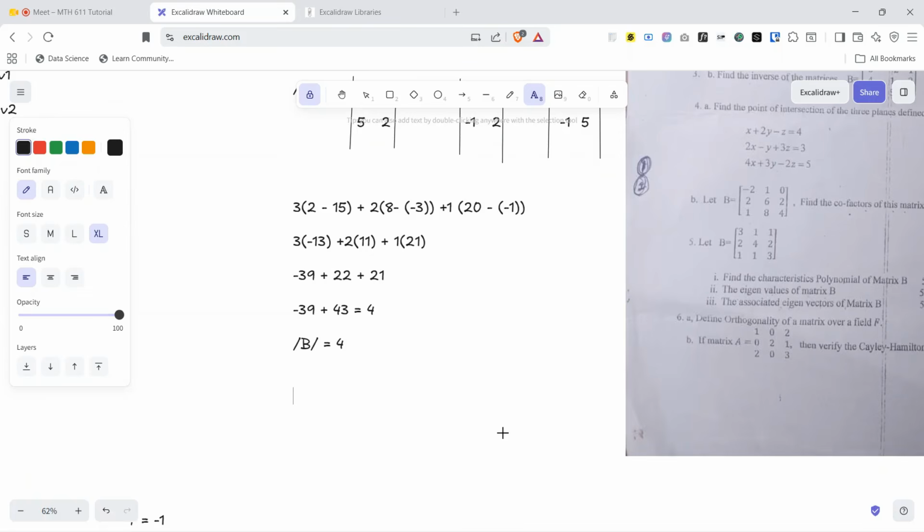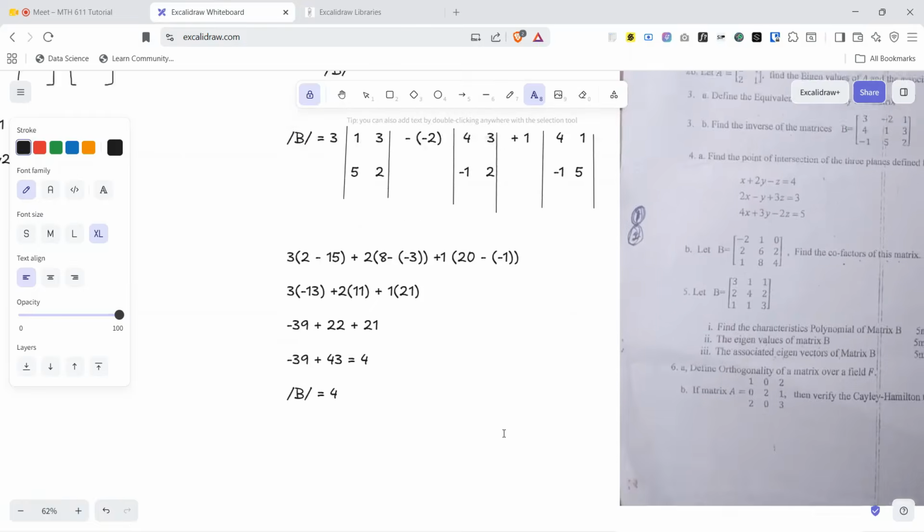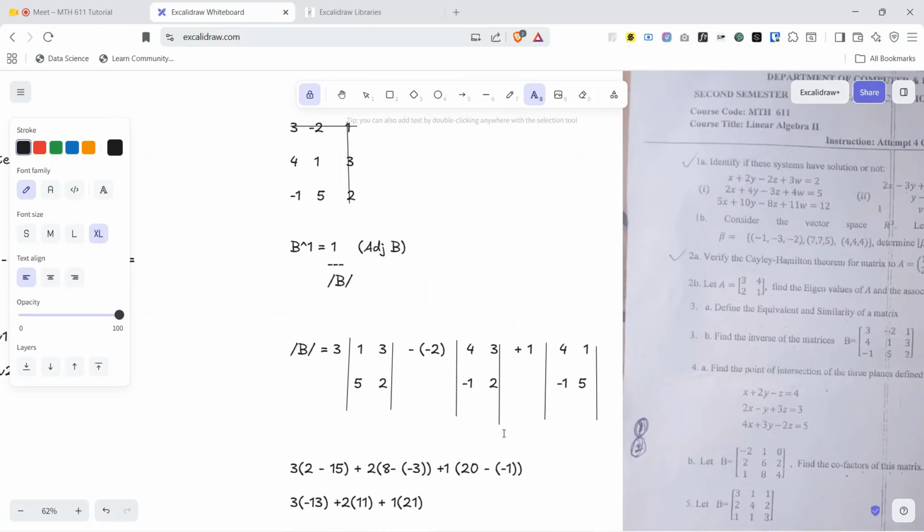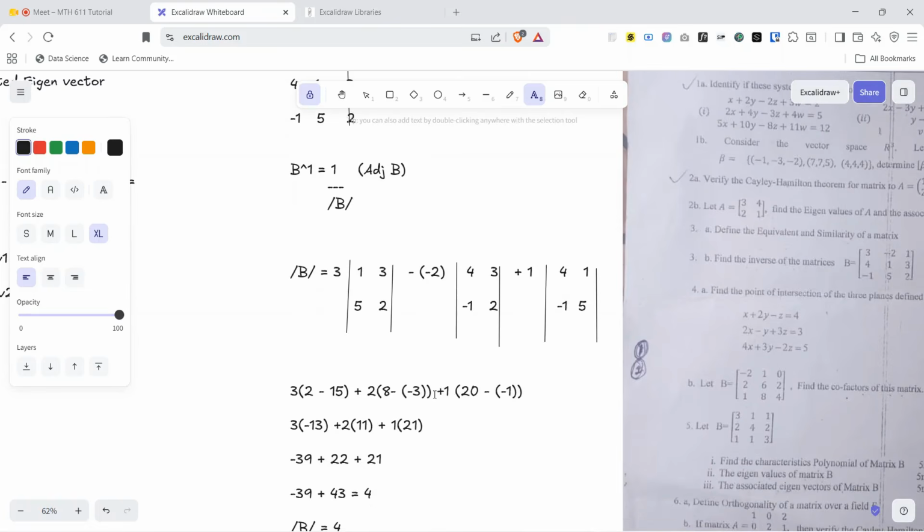For the second part, we want to find the adjoint. To find the adjoint, we do a similar thing as we did here, but in this case we will not need the multiplier we have outside. So what we'll be multiplying would be just this.